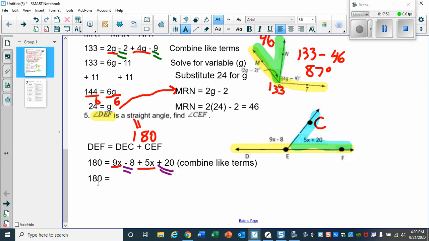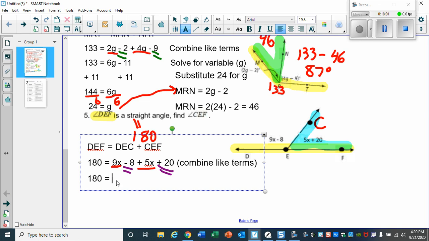Those are going to give us 14x plus 20 minus 8. 20 is positive, 8 is negative, so we subtract and get 12. And we keep the positive sign because 20 was the larger number. So now, like before, you're going to solve for the variable, which in this case is x.